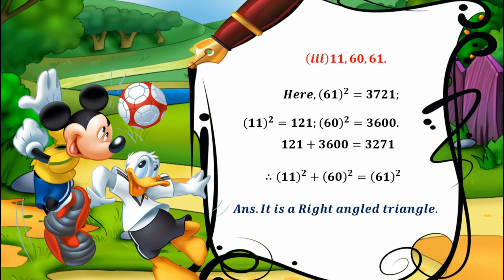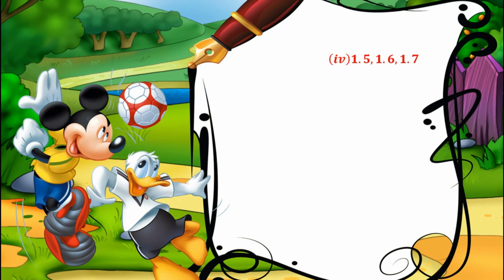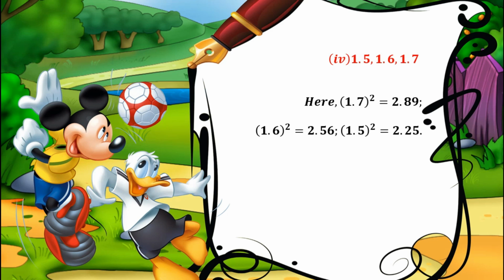Now the next question, number 4, is here 1.5, 1.6 and 1.7. So here you will see that 1.7 raised to 2 will be 2.89 and 1.6 raised to 2 will be 2.56 and 1.5 raised to 2 will be 2.25.